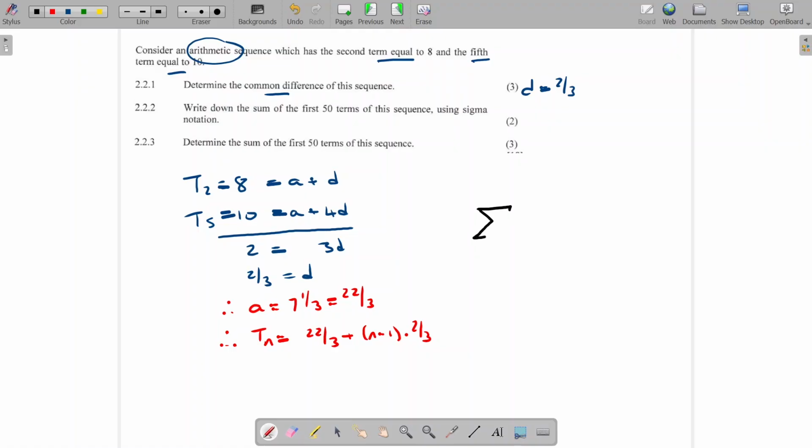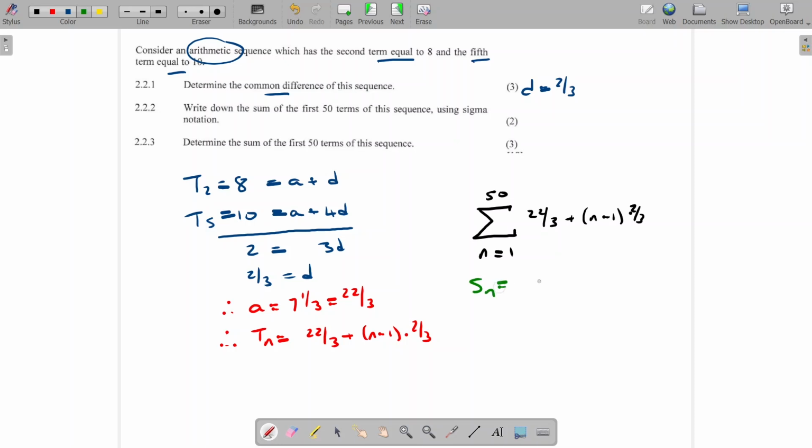Now remember, I need the term type so I can write down the sigma notation. They've told me it's the first 50 terms, so we go from the first to the 50th term, and the term type is 22/3 plus n minus 1 times 2/3.